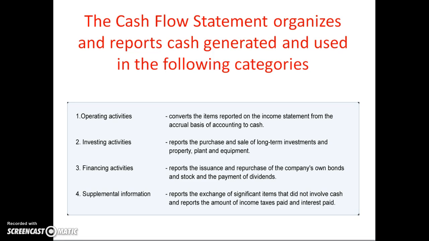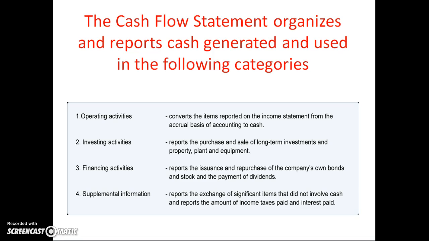The cash flow statement organizes and reports cash generated and used in the following categories. The first category is operating activities. This area converts the items reported on the income statement from the accrual basis of reporting and accounting to the cash basis. The second area is investing activities, and this reports the purchase and sale of long-term investments and property, plant, and equipment.